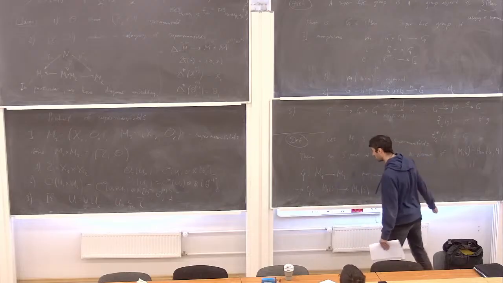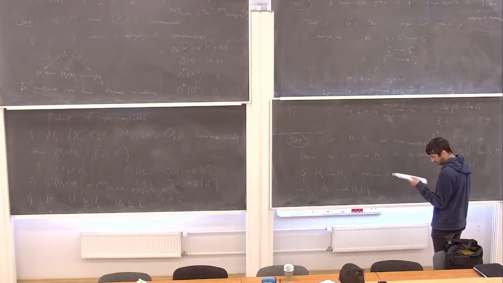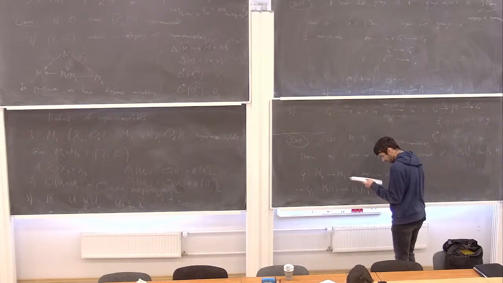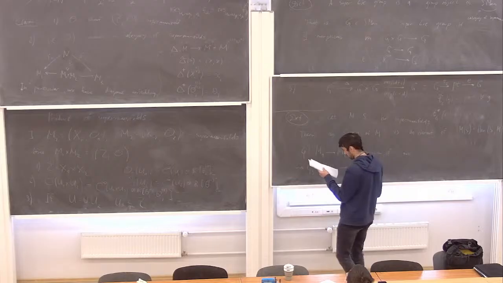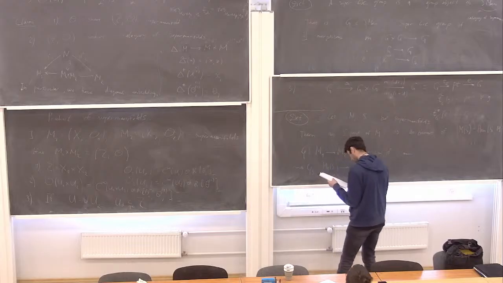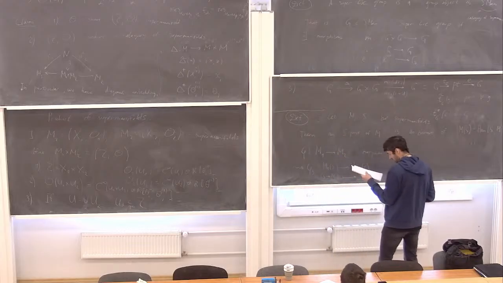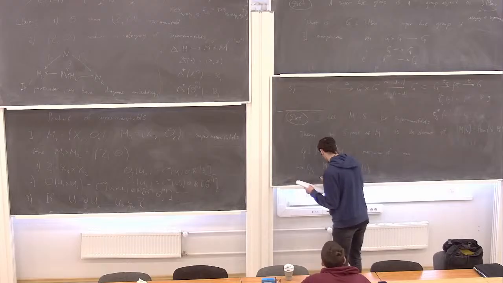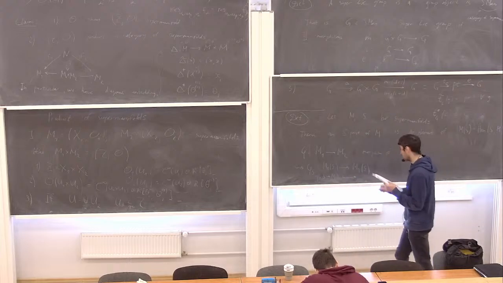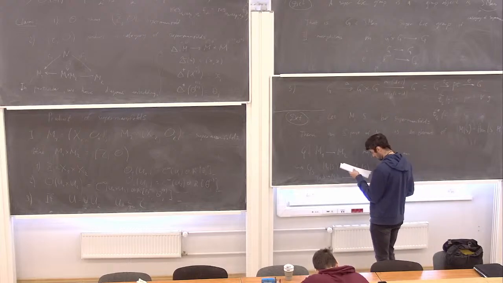Okay, but what is phi_S? Phi_S is very simple. A morphism from S to M1 is an S-point, and let's call it X. I send this to just the composition.